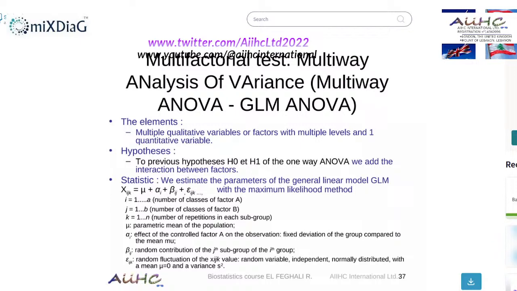Now, GLM ANOVA is a multifactorial test, whenever you have multiple factors. Like we've said, bullying can be a factor, whenever you transform a variable into a factor, to see the impact of this factor on age, for example, or on another factor, which is health issues. For example, whether health issues increase with the increase of violence.